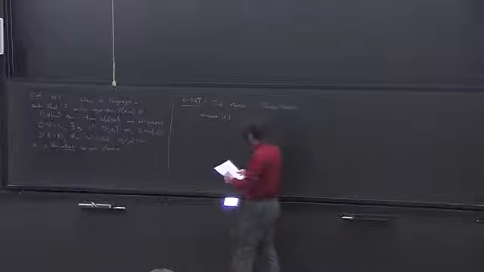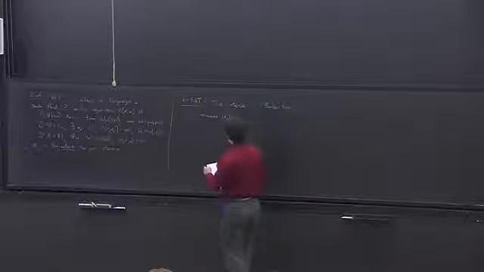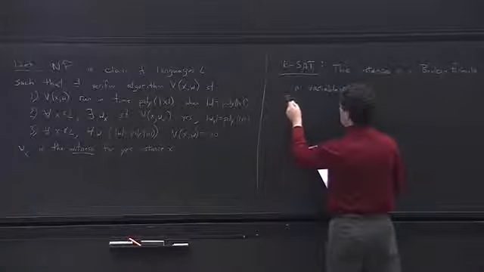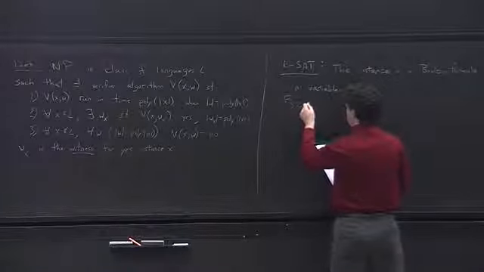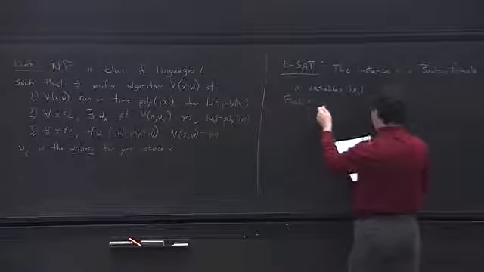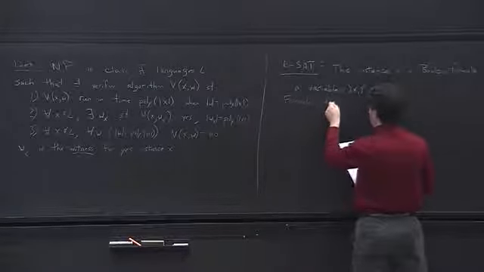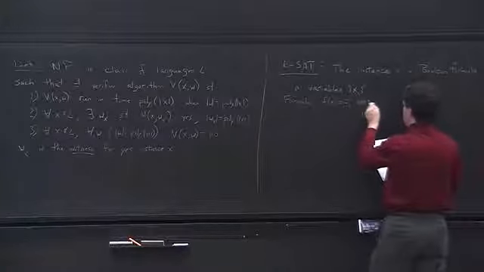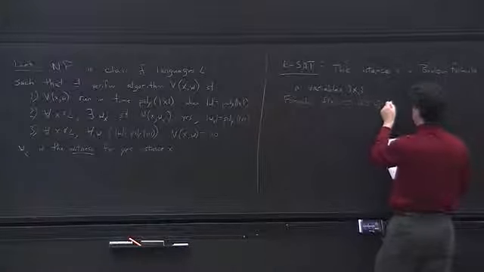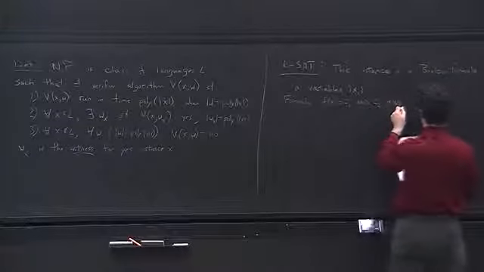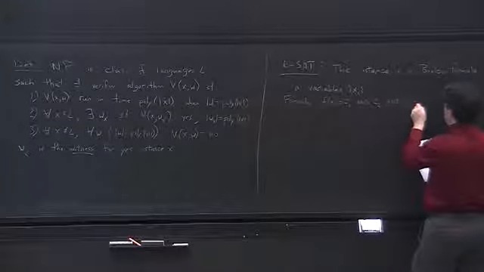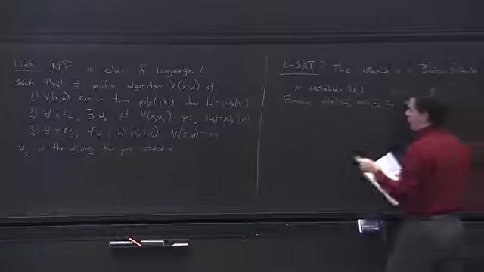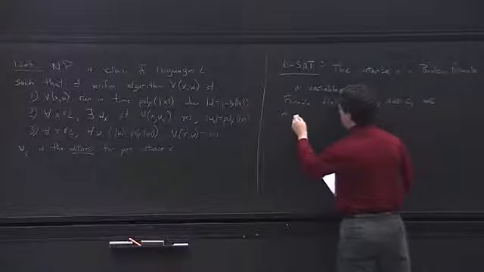You combine these variables using the usual logical operations: or, and, not. And in particular, the formula is of the form C1 and C2 and C3 and ... Cm, for m clauses.